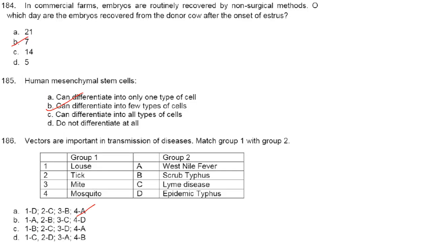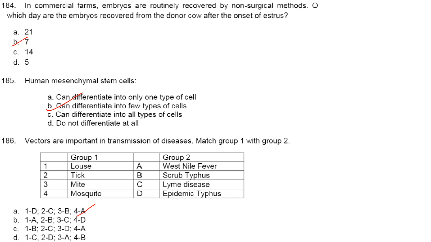In commercial farms, embryos are routinely recovered by non-surgical methods. On which day are the embryos recovered from the donor cow after the onset of estrus? So 7. Answer is option B.